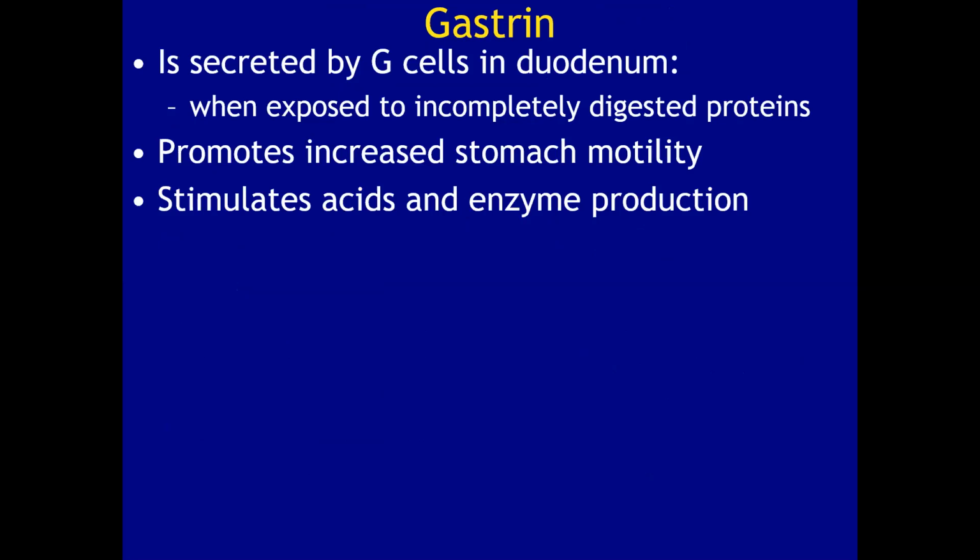Gastrin, we go back to where we were looking at plica and the different cells in the small intestine, it's secreted by G cells in the duodenum when you have incomplete or partially digested proteins. It increases motility, so it allows for movement, and it stimulates acid and enzyme production.